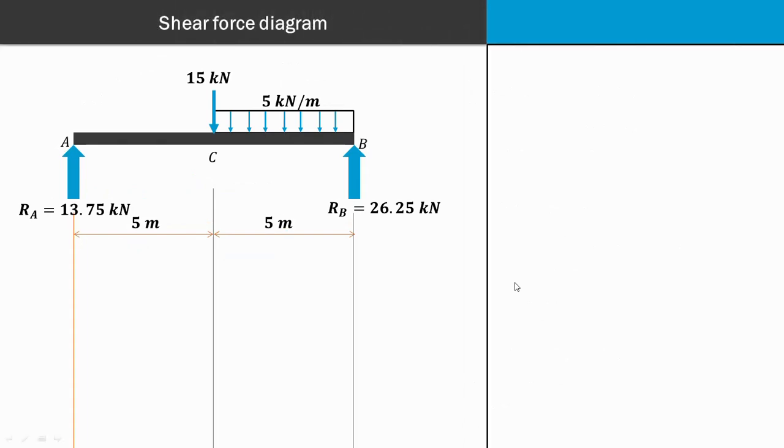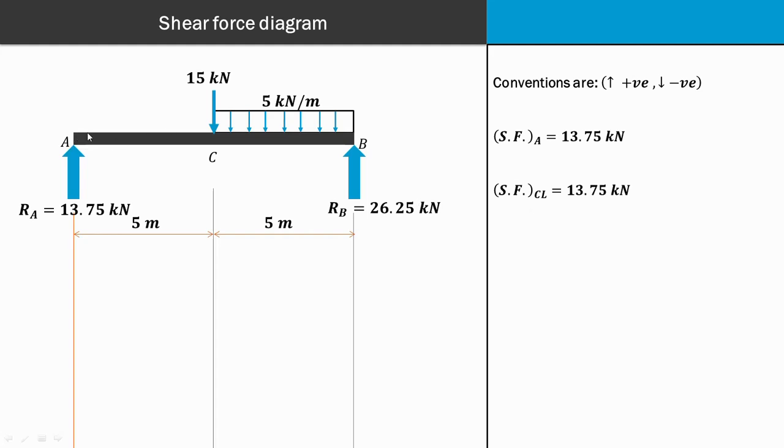Now we have to draw shear force diagram. Now, the conventions which we have used are upward forces are positive and downward forces are negative. Now we have to start from the left hand support. At point A, we are having upward acting force of RA of 13.75 kilonewton, so it is positive because upward forces are positive. Shear force at left of C, that is C left.